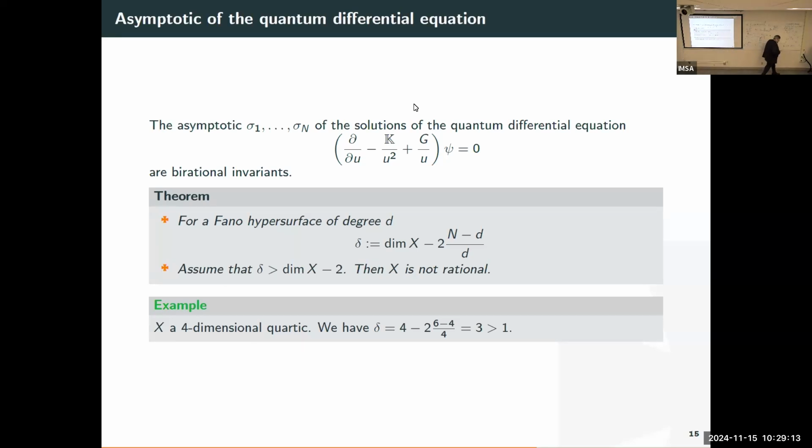These are charges, and they happen to be connected with geometric data associated with this conformal field theory.